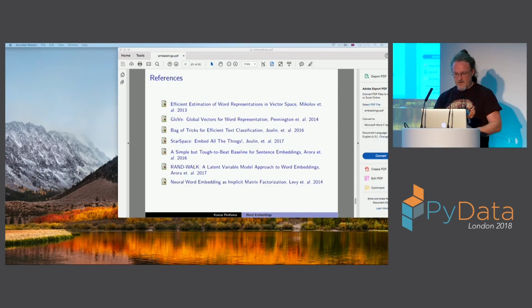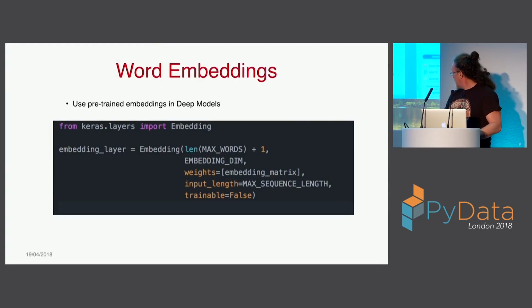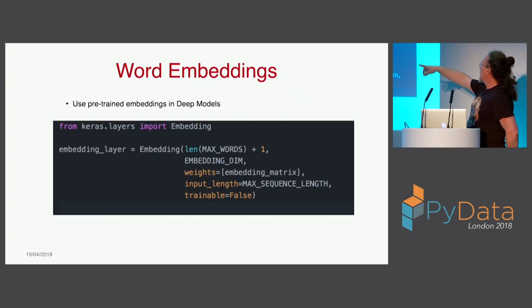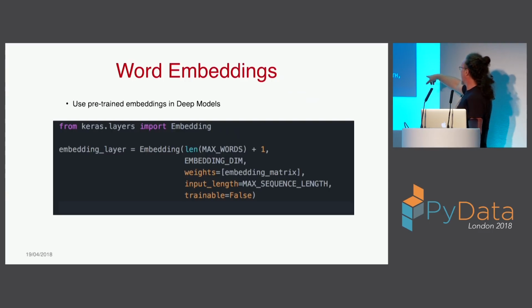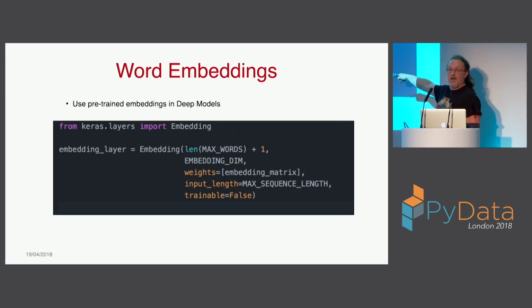So that will be something like that. We have the embedding layer, and instead we're fixing the weights, loaded from a pre-existing downloaded model.